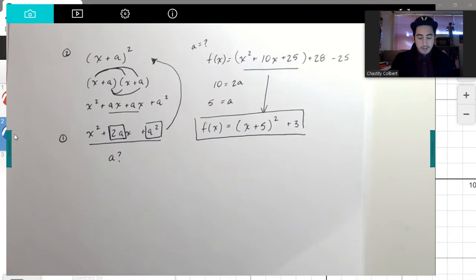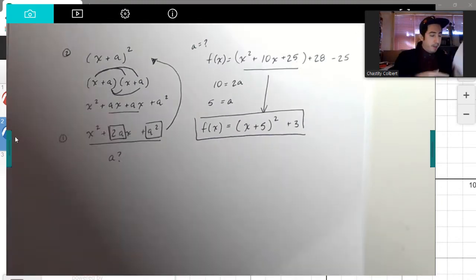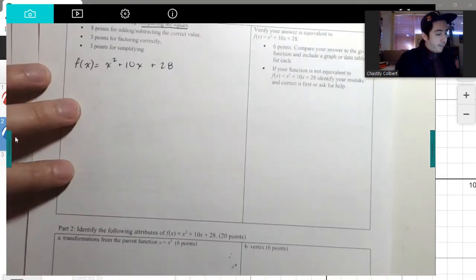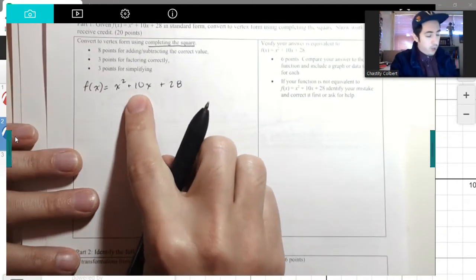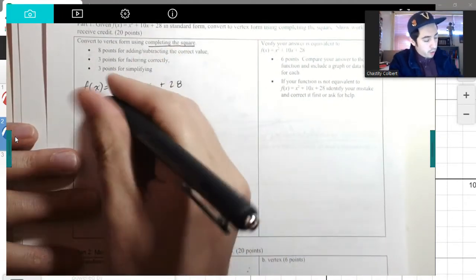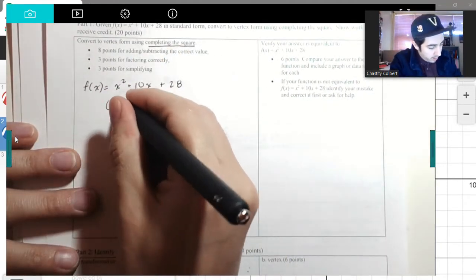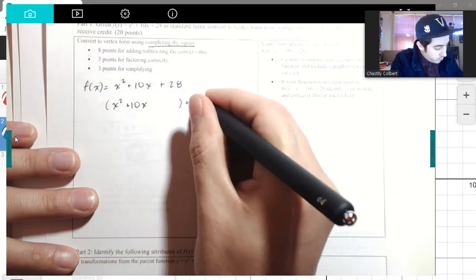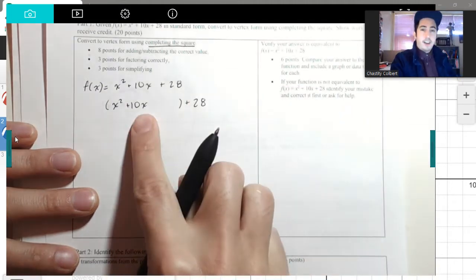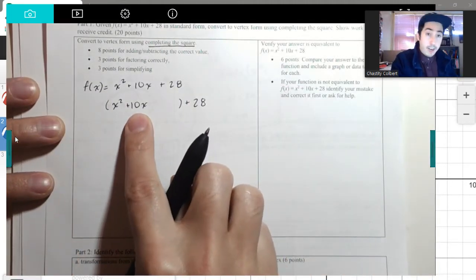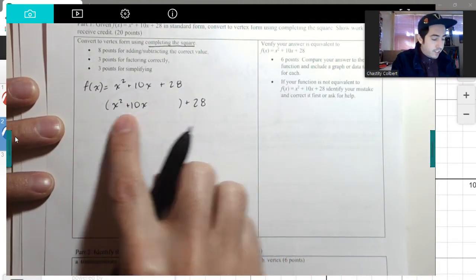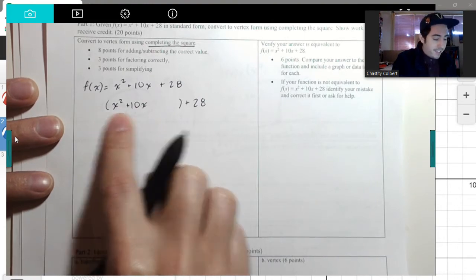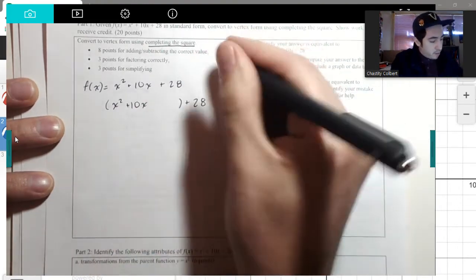Just for the sake of making sure that I explain it really well, I'll do it one more time. All I'm going to do here is rewrite this, x squared plus 10x, and I'm going to make some space here. I'm going to move the 28 over. I'm going to take half of whatever the b value is here, as long as a is 1. A is 1 here. Take half the b value, which is 10.